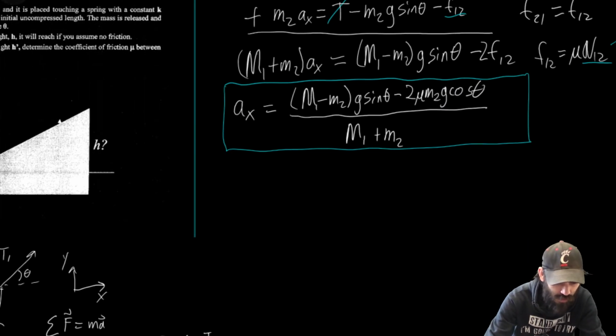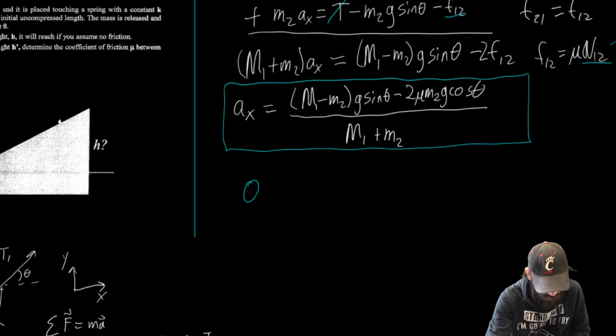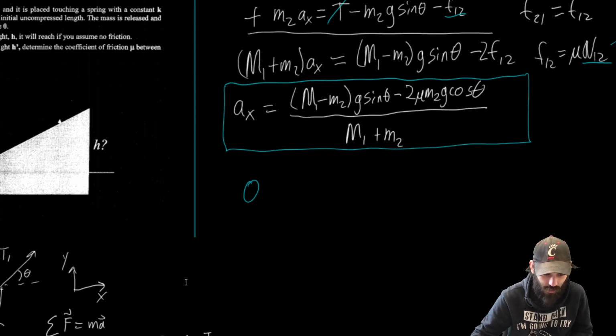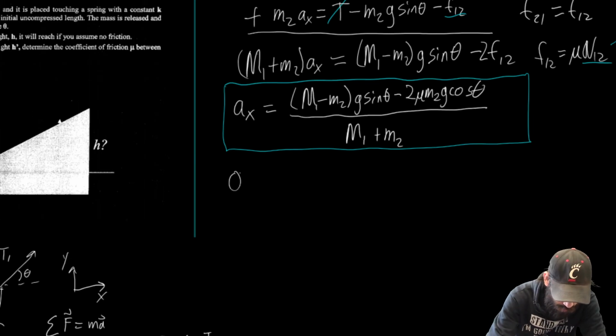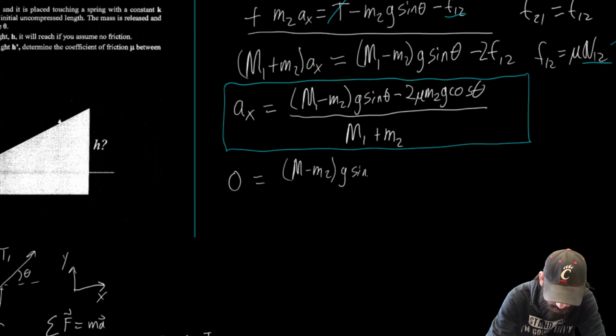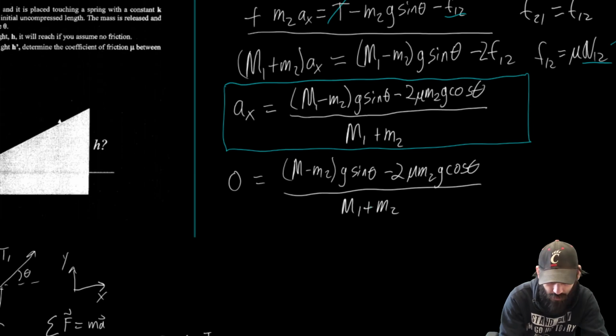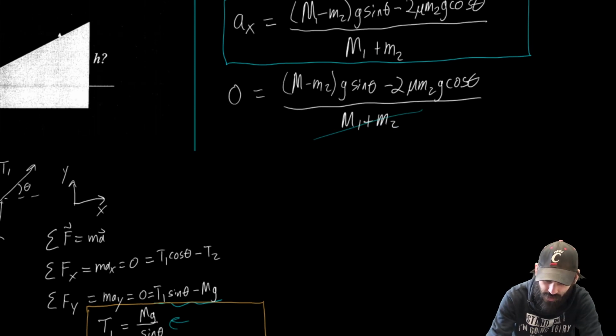So 0 is equal to M1 minus M2 g sine of theta minus 2 mu M2 g cosine of theta divided by M1 plus M2. We can get rid of our denominator here, right? Because that doesn't have any condition on this. And then we can solve this for mu.